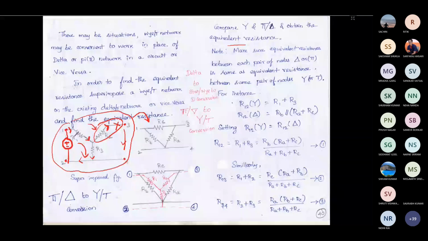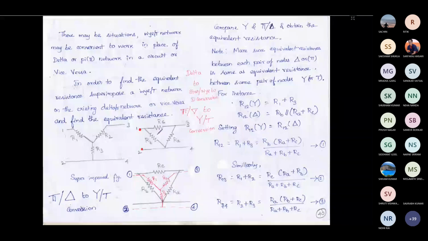For finding the equivalent resistance across the terminals 1 and 2, I have taken R1 plus R3 because those two resistors are in series. Similarly, when I see the equivalent resistance from the other two points, I'm seeing it like this.